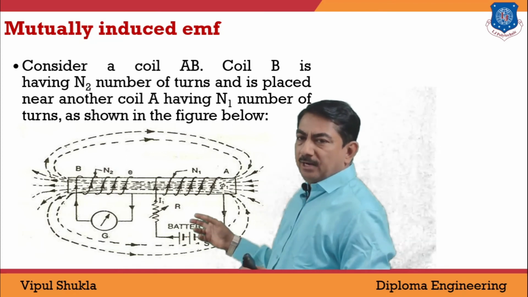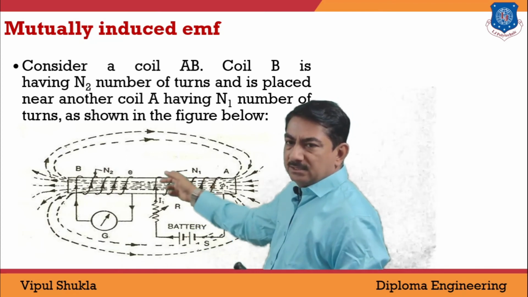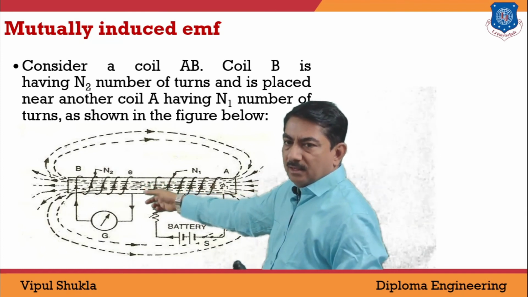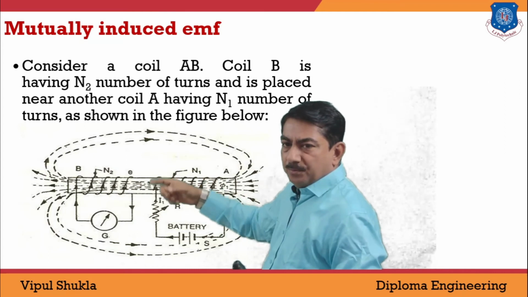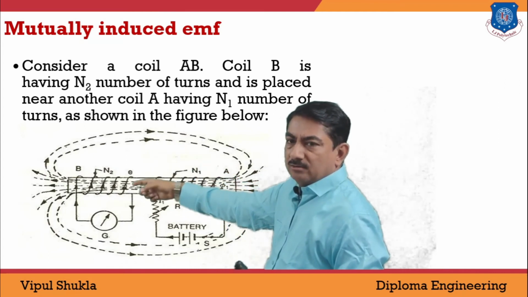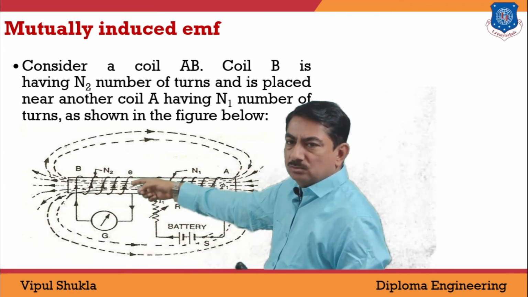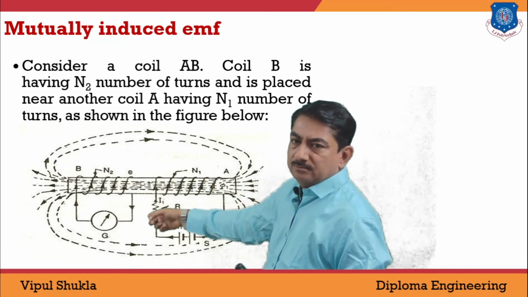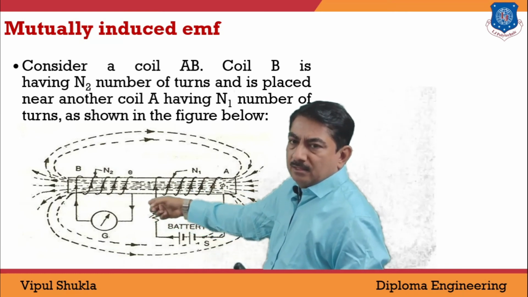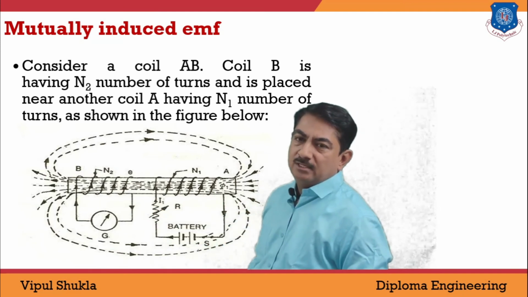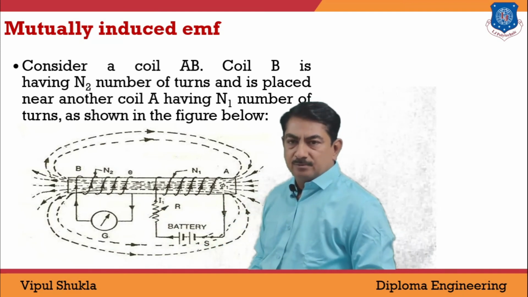The magnetic field lines produced by coil 1 link with the second coil, which has N2 turns, and we get a deflection in the galvanometer. The deflection in the galvanometer shows the presence of electric current or EMF.